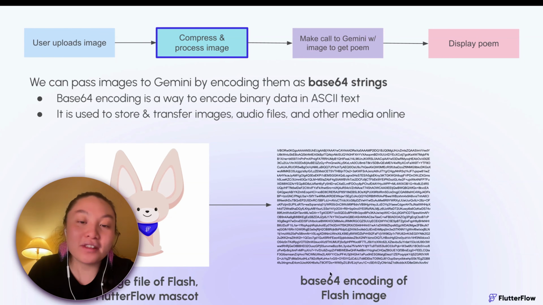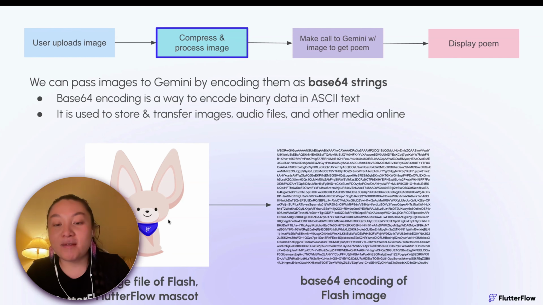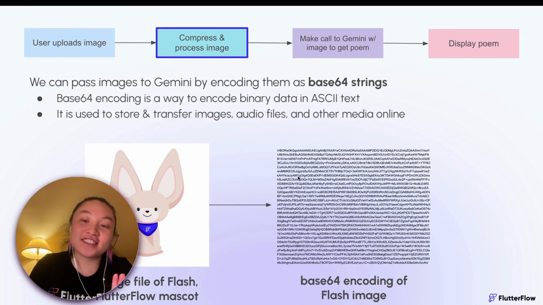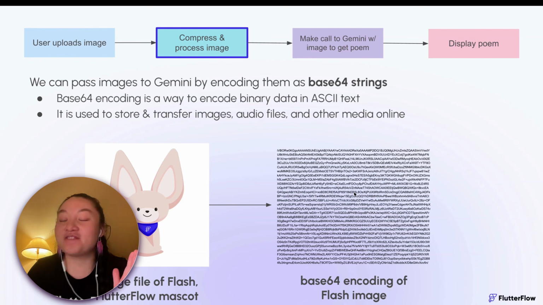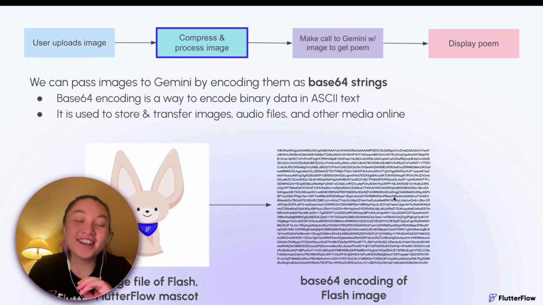Here's an example of that. I uploaded an image of Flash and I got back base 64 encoding of it. To give you an idea, this is maybe 1/20th of the string that I got back. So this is just an example of what it looks like, but it's way longer. A very long string that represents the image, and that's what we're going to pass to Gemini.